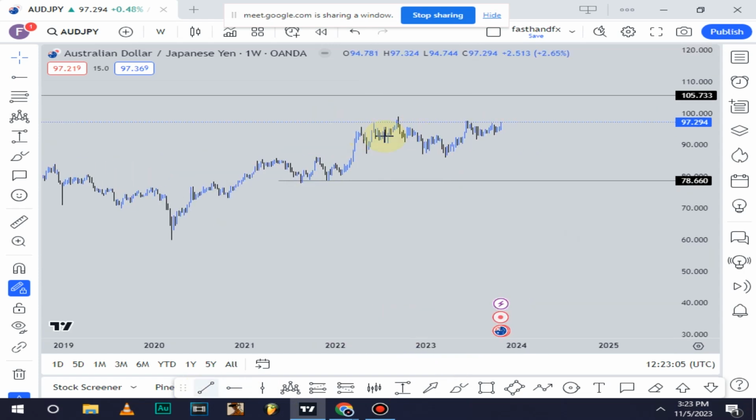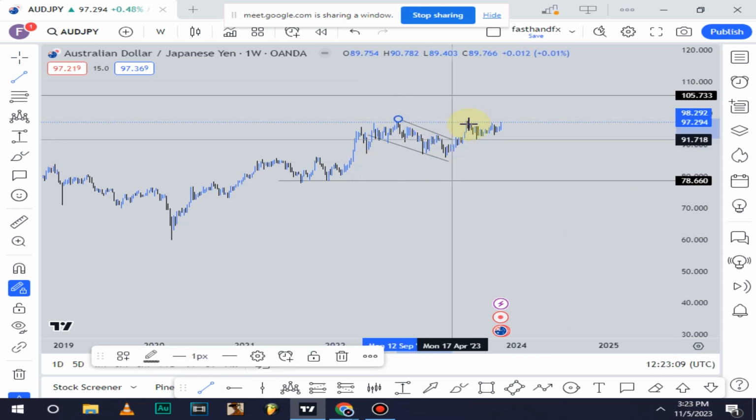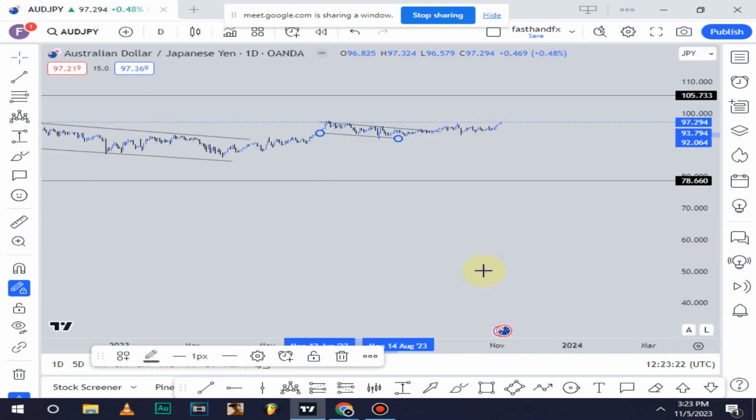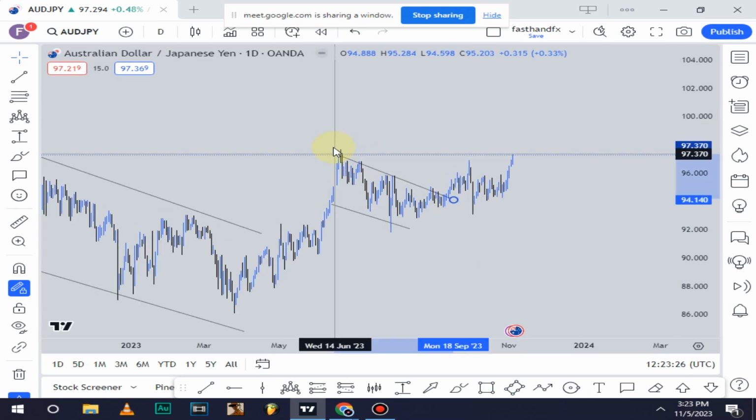This was a bullish flag right there. It broke. How about this tiny one? It should make sense at the lower time frame. Right there. Now this is the daily.